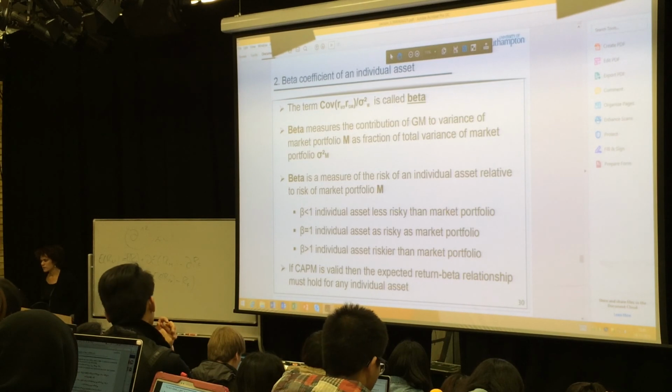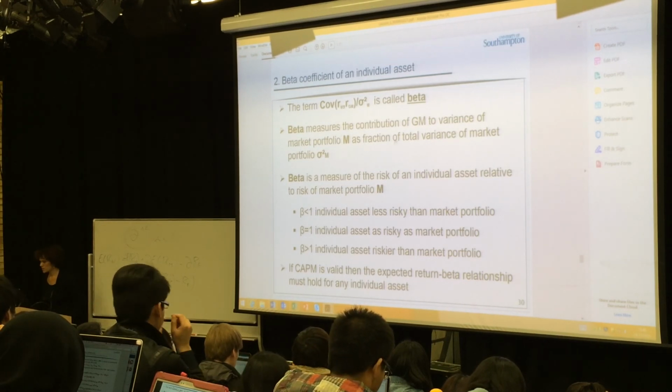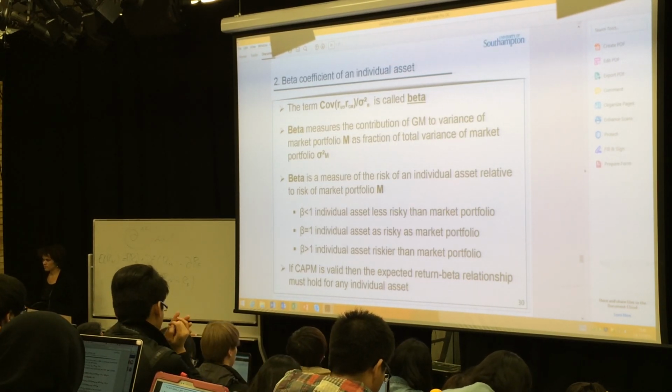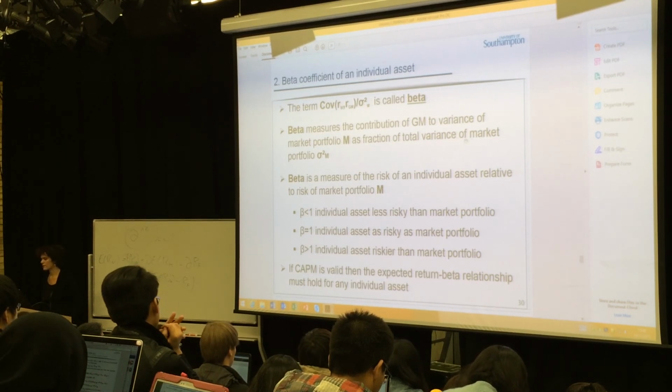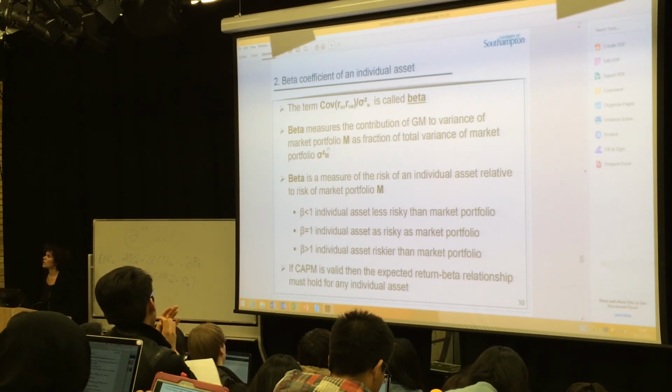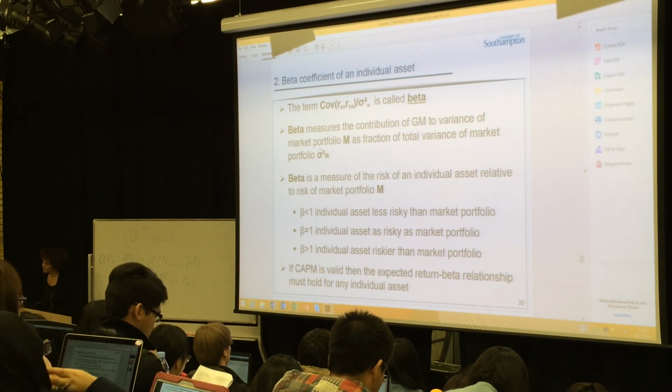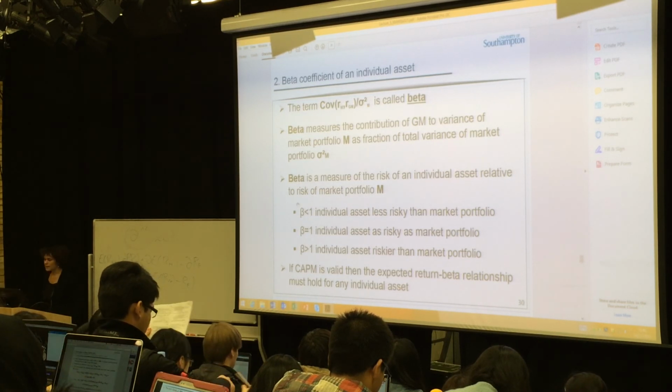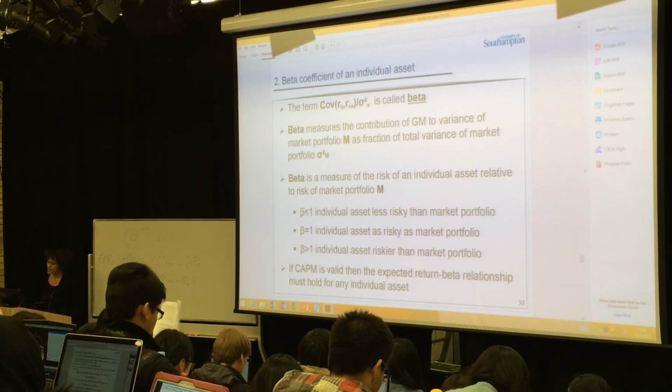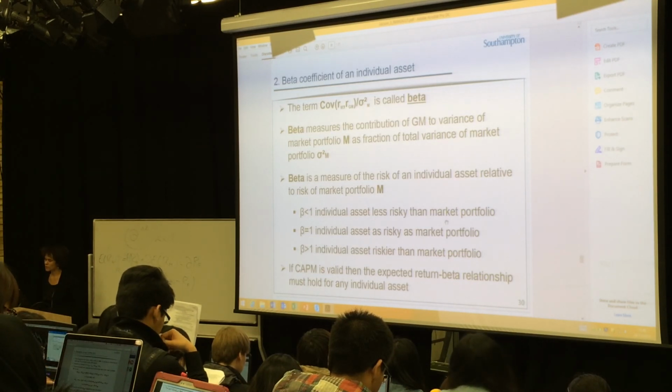Again, what this beta means: beta is the measure of the contribution to the variance of the market portfolio as a fraction of the total variance of the market portfolio. Beta less than 1 means that the individual asset is less risky than the market portfolio.